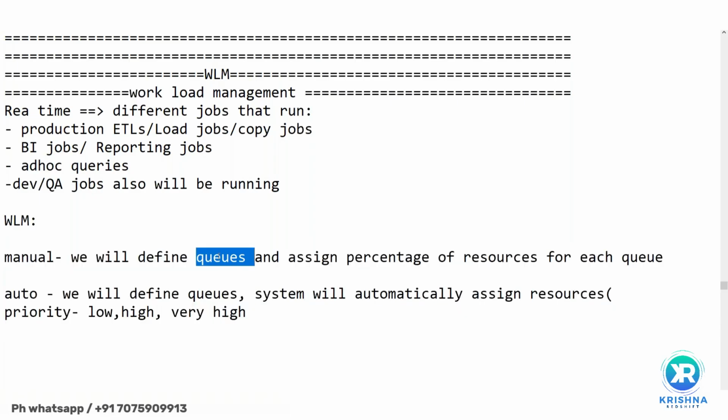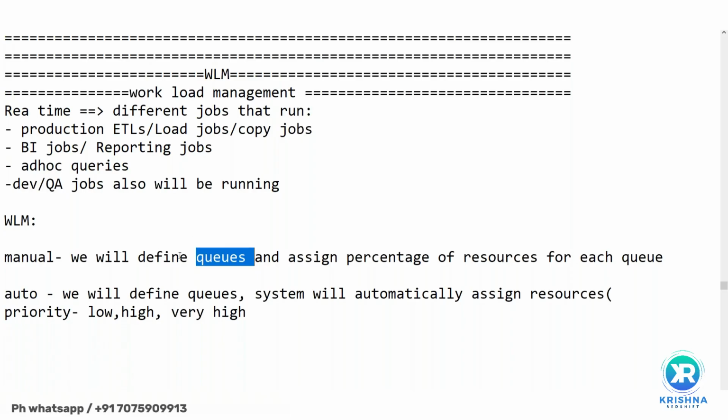Queues means Q1, Q2, Q3. Q1 BI users, Q2 ETL users, Q3 some ad hoc users, test users, or QA users. Q4 is default, meaning if you don't define anything in Q1, Q2, Q3, they all will fall under default.